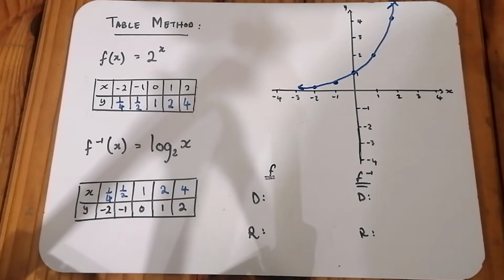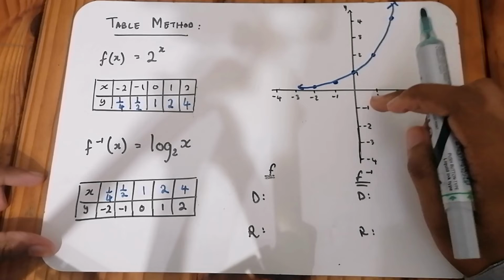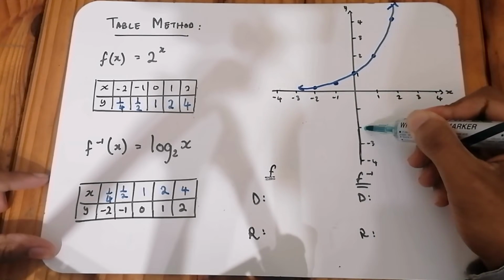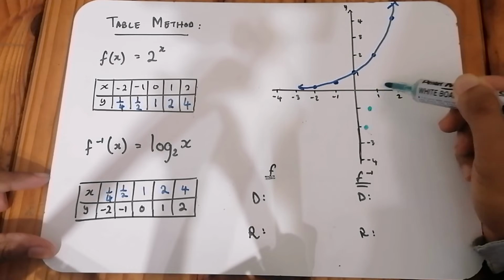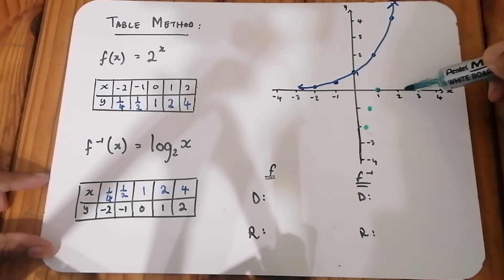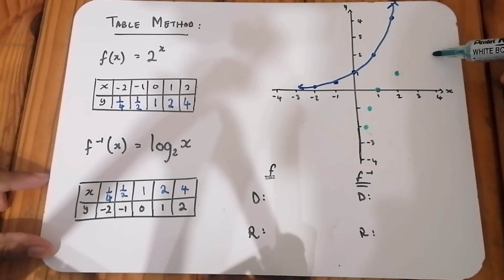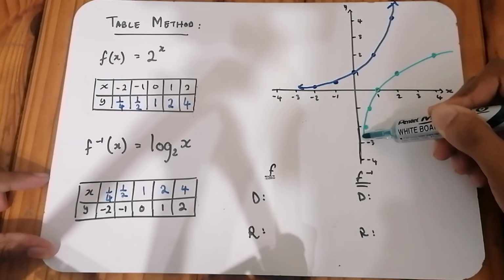We're going to do the same thing for the inverse. Let's start plotting these coordinates, a quarter and negative 2. And then a half and negative 1, 1 and 0, 2 and 1, and 4 and 2. Again, let's just draw a nice curve going through all these points.